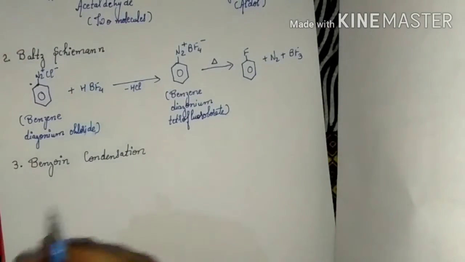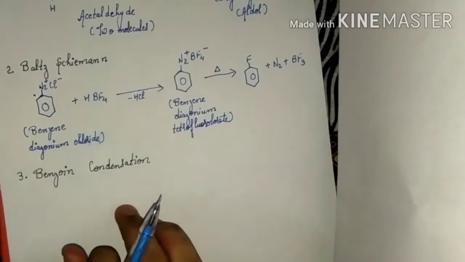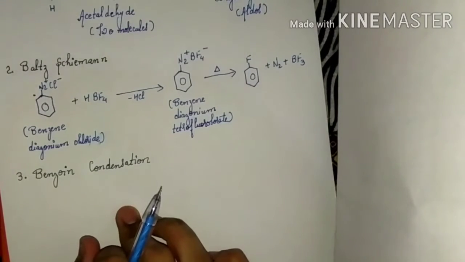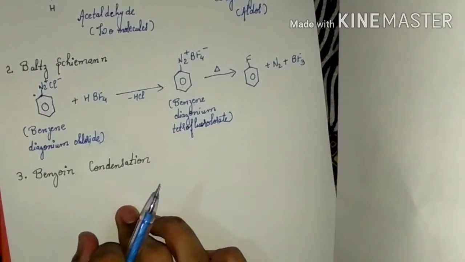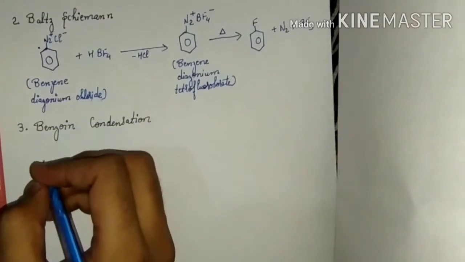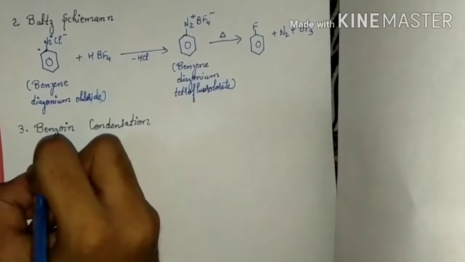What does this reaction say? This reaction says that two molecules of benzaldehyde in alcoholic KCN, along with heating, give benzoin. Okay, so let us write that in the form of a reaction.